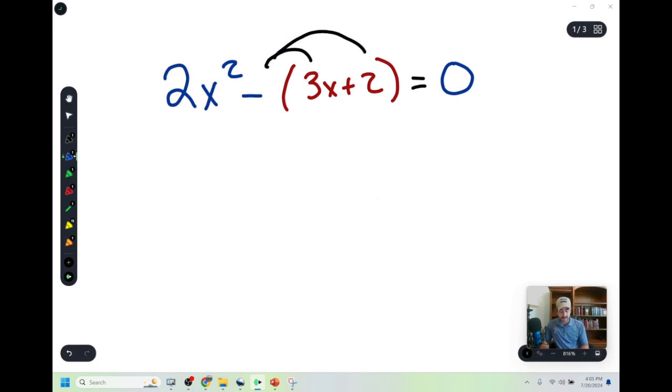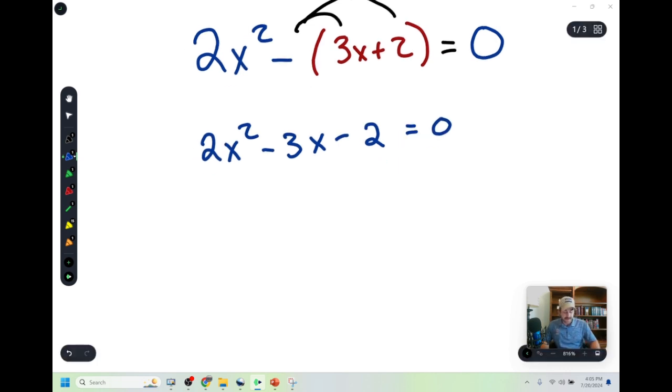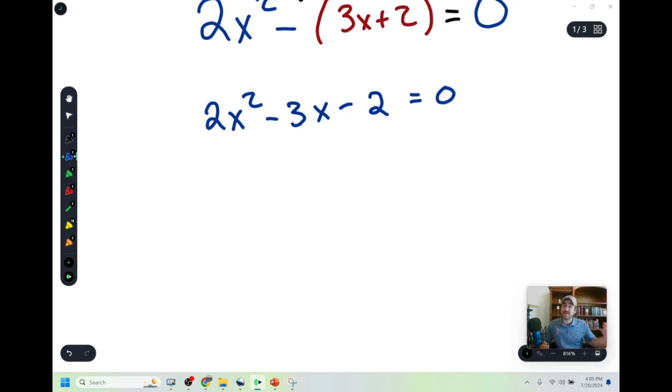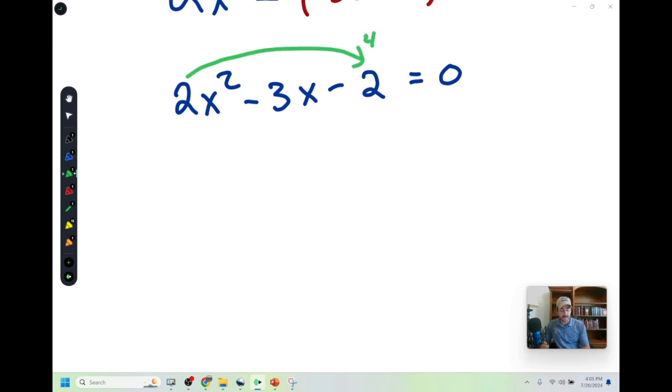We're going to end up with 2x squared minus 3x plus 2, distribution, minus 2 equals 0. And then I'm going to do slide and divide. You can do the AC method. You can use the quadratic formula if you want to, but this is just the fastest way that I know how. So it's going to be 2 times 2 is 4. x squared minus 3x minus 4 equals 0.